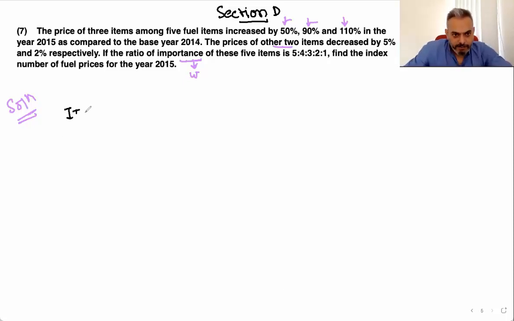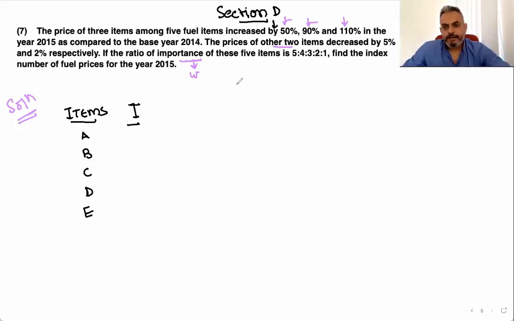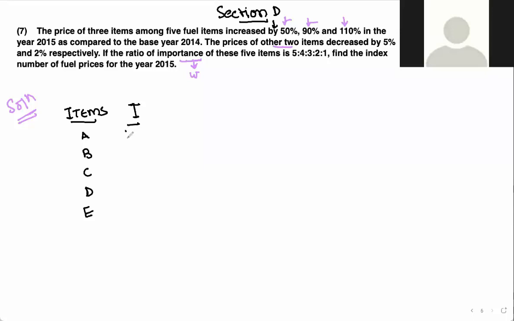So let's write the solution. Let's take items A, B, C, D, E. Then index number. Now they have increased by 50%, 90% and 110%. So index number for item A, what will come, 50 or 150? 150.